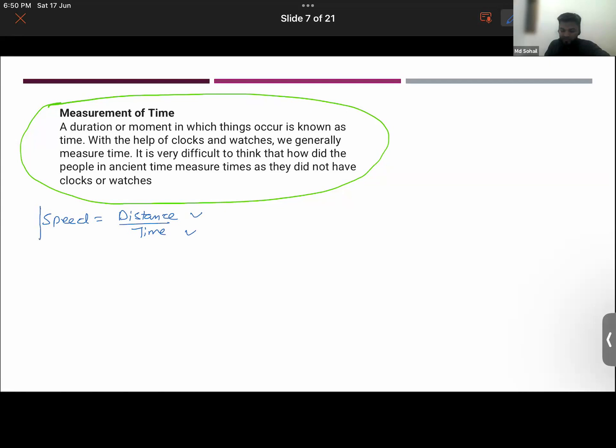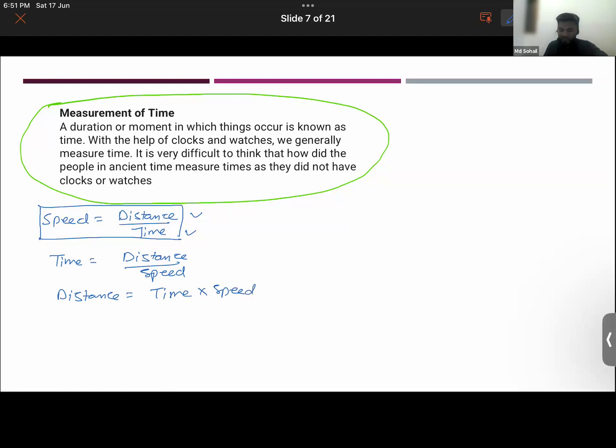This is the formula to calculate the speed. Now if we make some changes in this, we can in fact calculate distance and time as well. Like we can write time equals distance upon speed. Or you can also write it like this: distance equals time multiplied by speed.